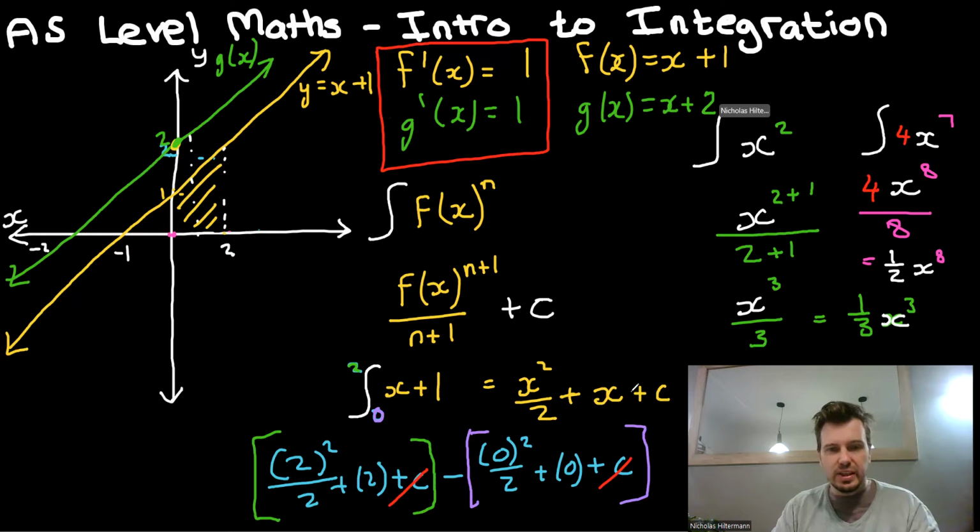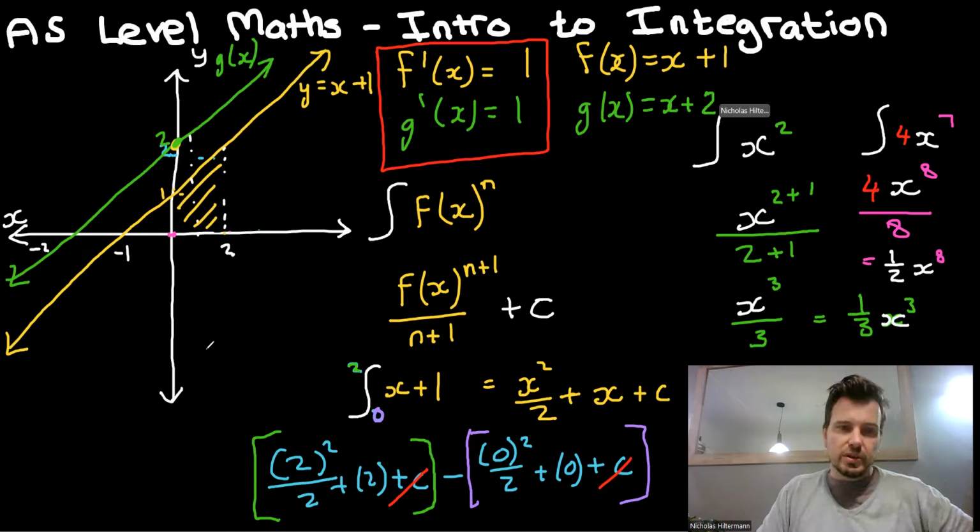We have to keep the c in, because we don't know what the variable was, but it doesn't matter when we are finding the definite integral because the c's go away.